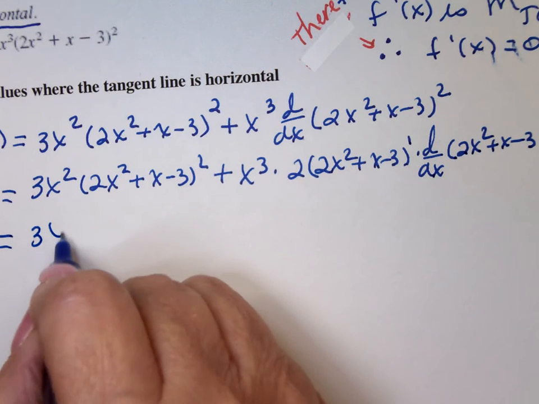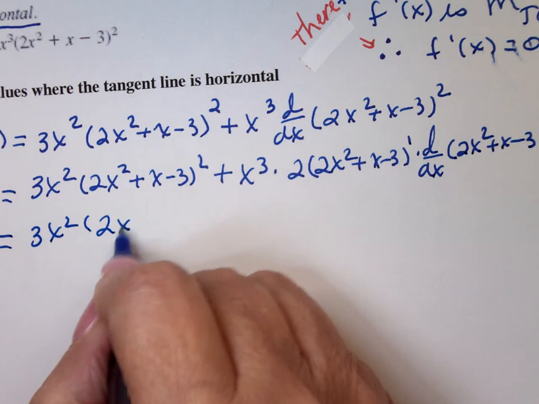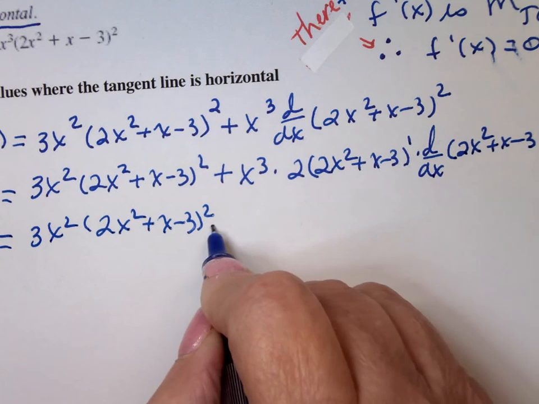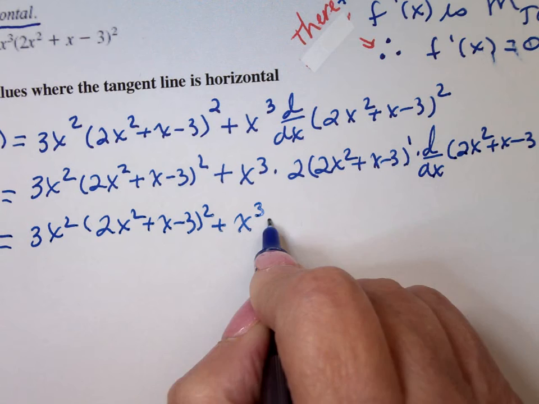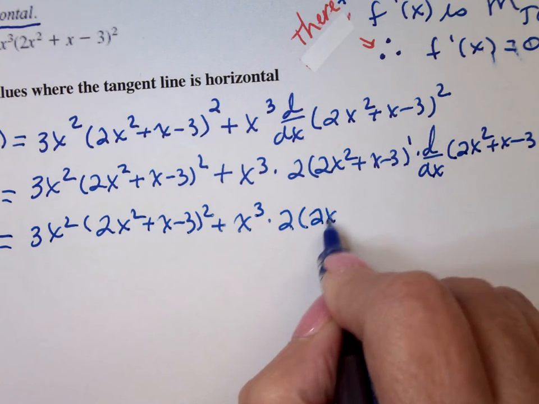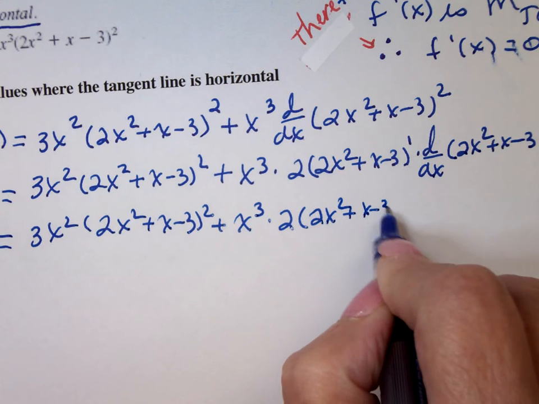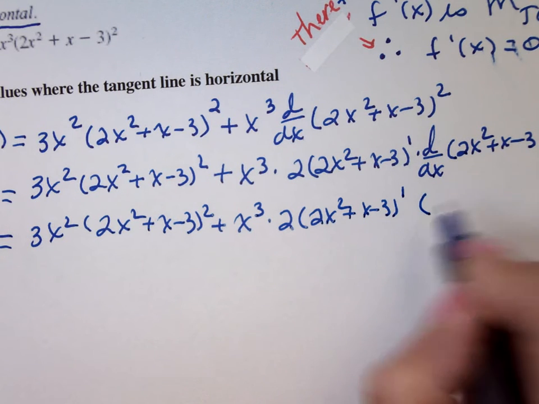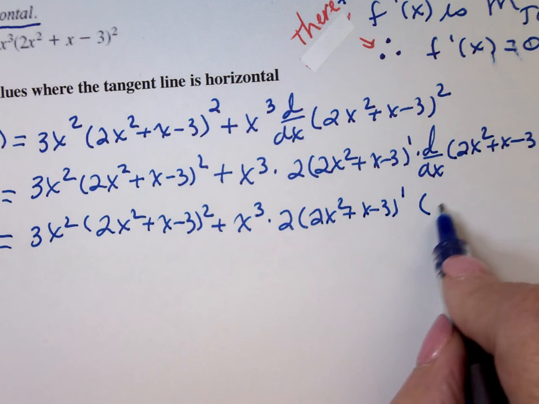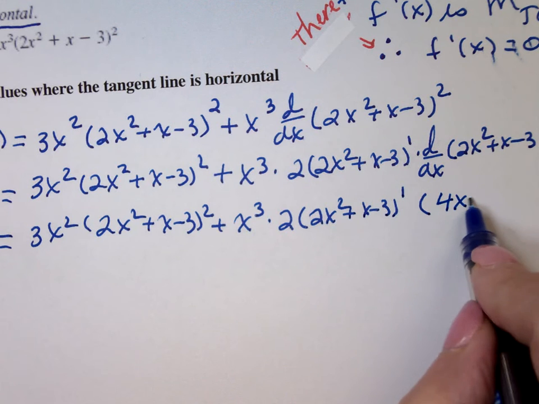So this is 3x squared times (2x squared plus x minus 3) squared plus x cubed times 2 times (2x squared plus x minus 3) to the 1 times the derivative of 2x squared plus x minus 3, which is 4x plus 1.